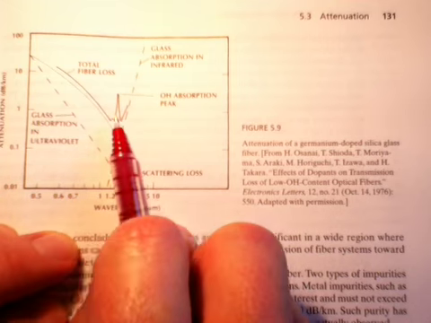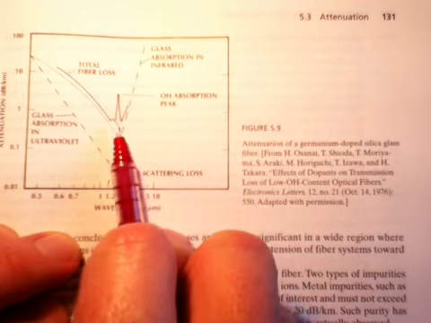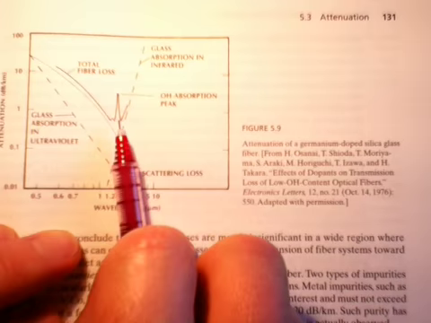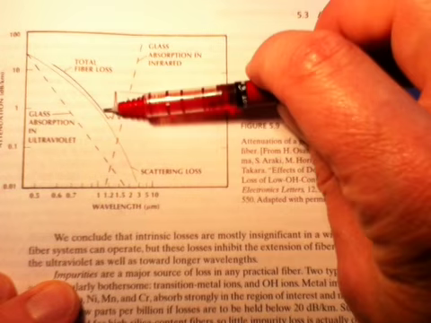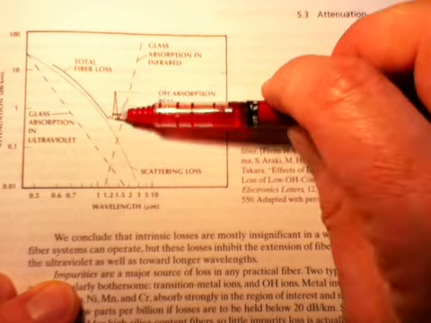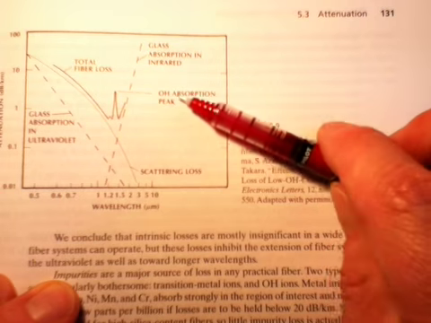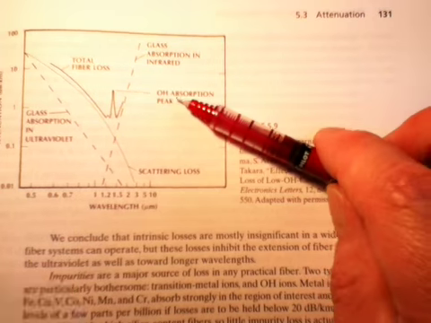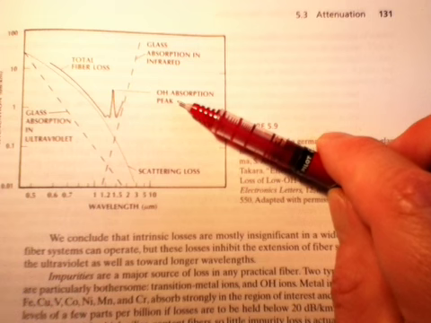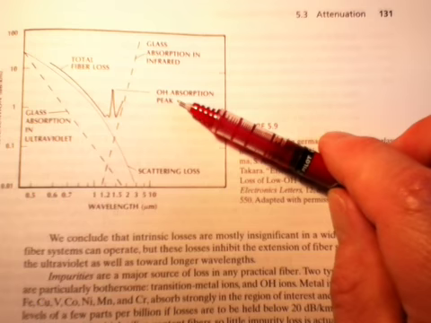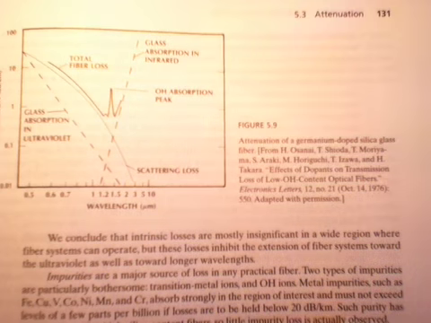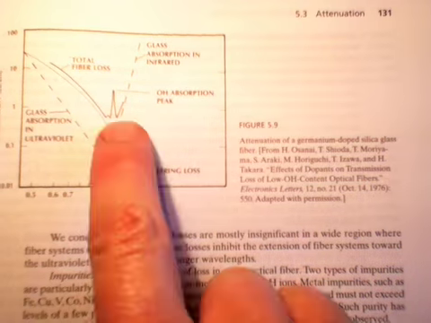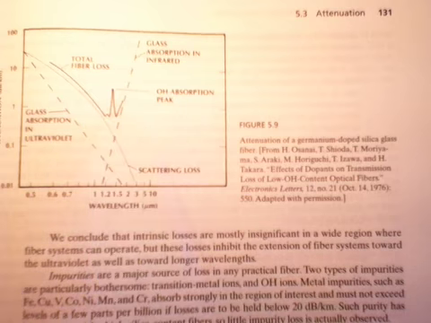That photon has just the right energy to excite that bond. Think of two masses on the end of a spring. So we have this very low loss area, but right in the middle of it we have the OH absorption peak, a high loss peak, due to water impurities in the fiber. Modern fiber, sometimes called full spectrum fiber, available from Corning, has essentially eliminated the water peak. They have such careful control over their manufacturing process that the water peak has been eliminated.